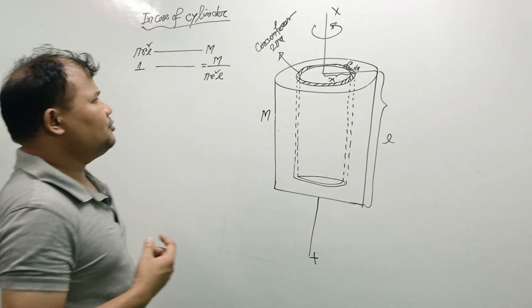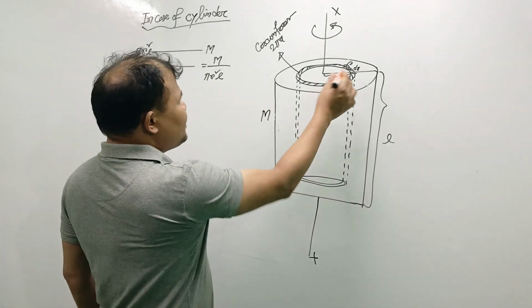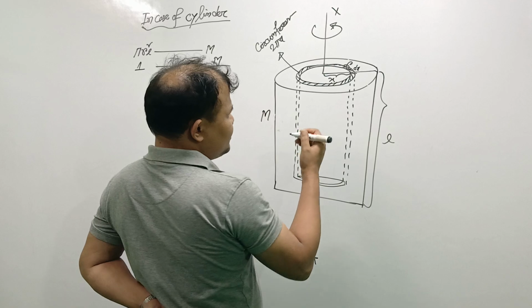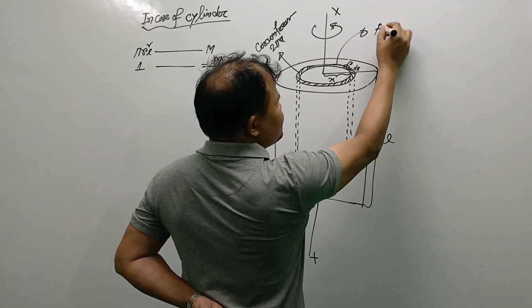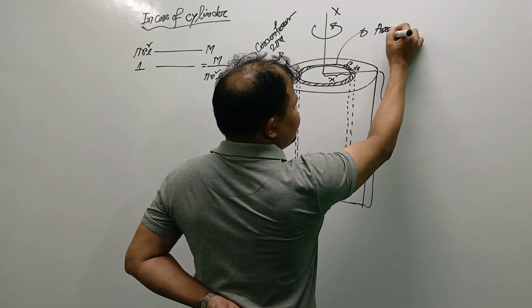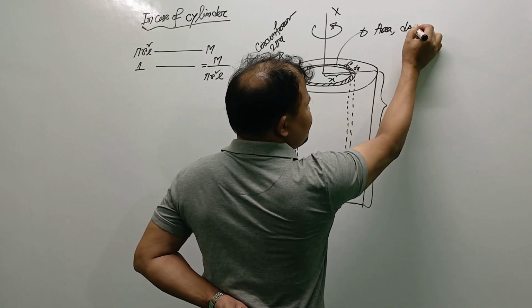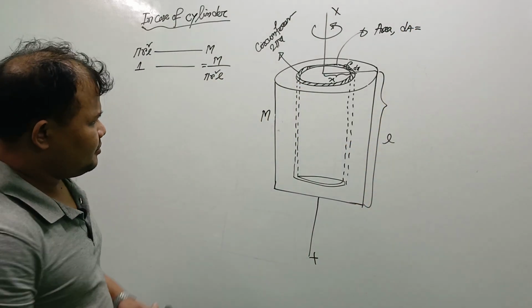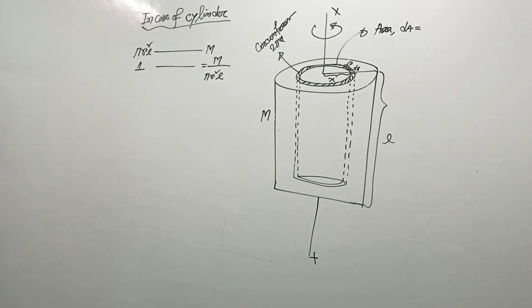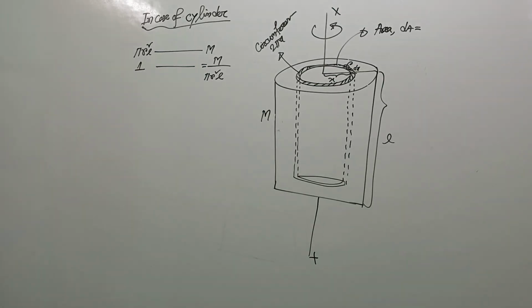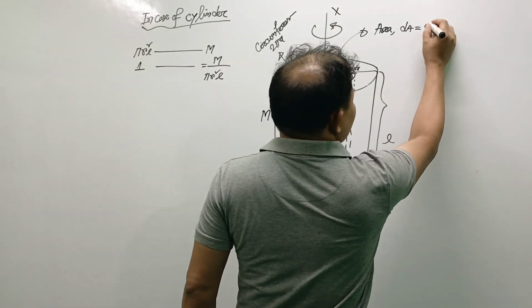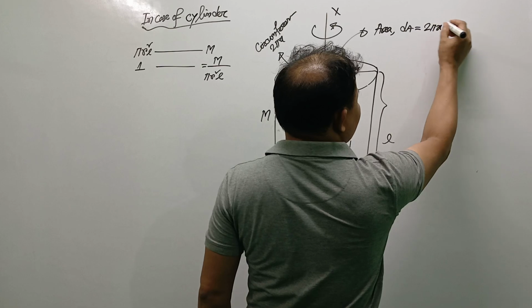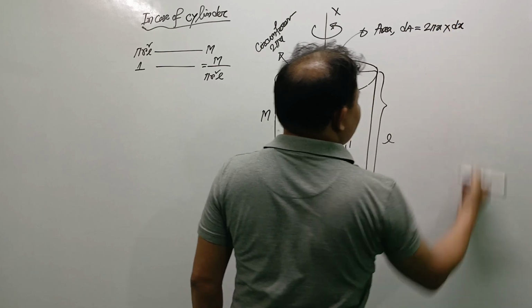And to find the area of this cross sectional part, suppose the area is very small, dA. I think all of you clearly understand dA. The value of dA will be twice pi x dx.